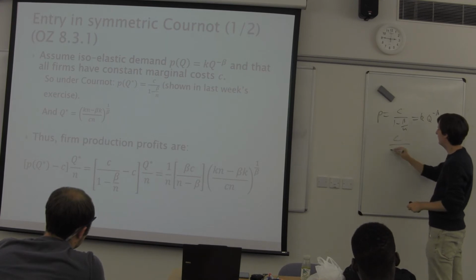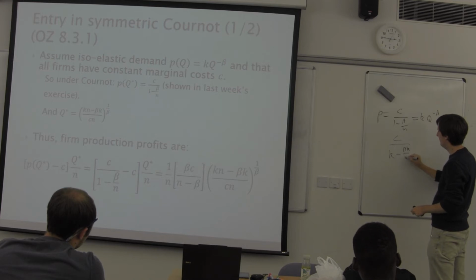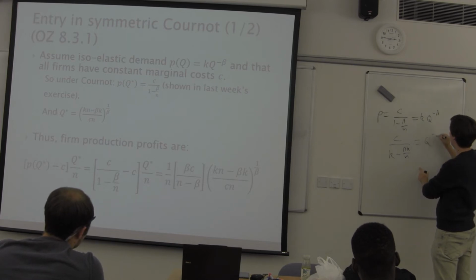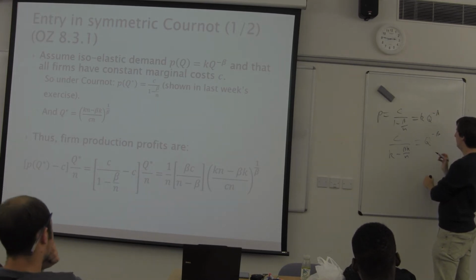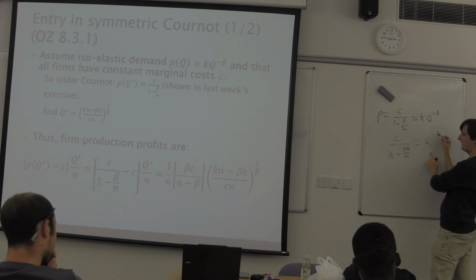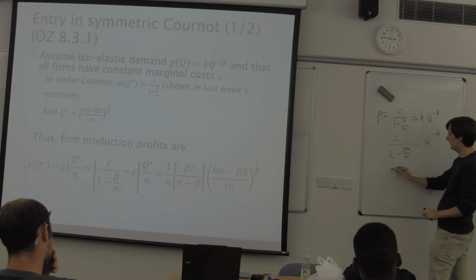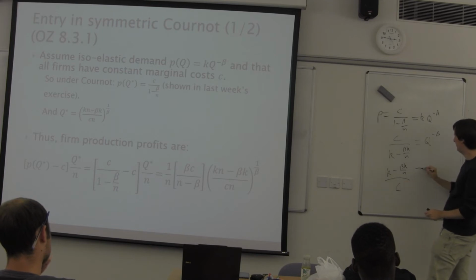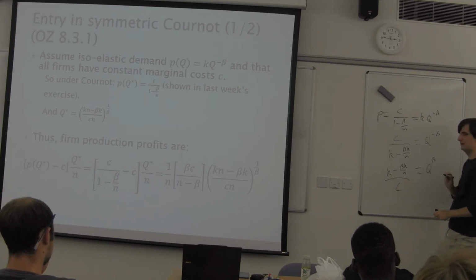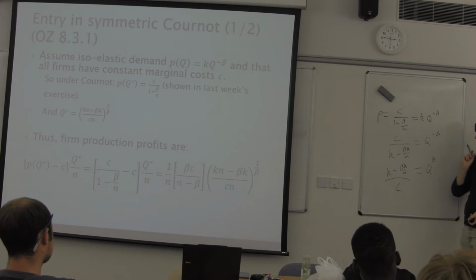So C over K, times 1 minus beta over N. We just divide both sides by K. And then we've got a negative power here, so let's just invert both sides first. So this is K over C times 1 minus beta over N, all to the power of Q to the beta. We've just done 1 divided by both sides. And then all we have to do is raise to the power of 1 over beta.